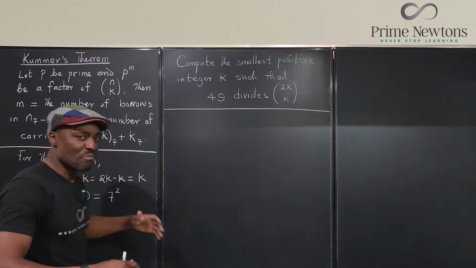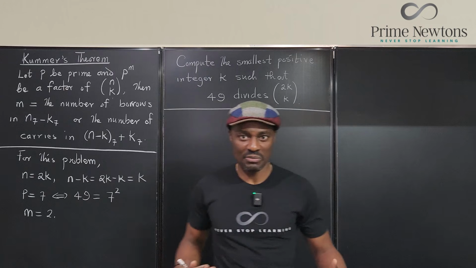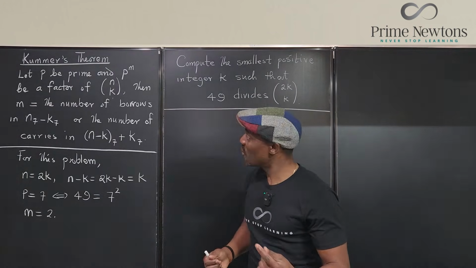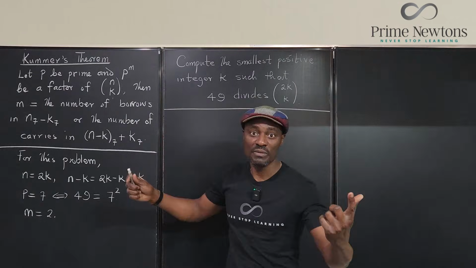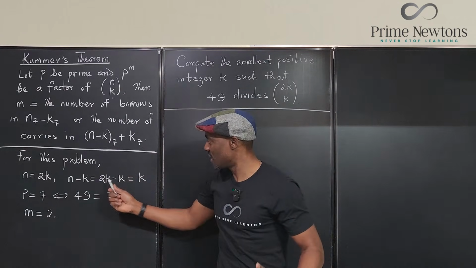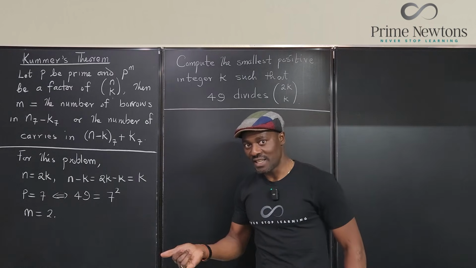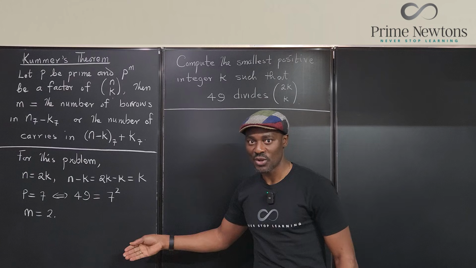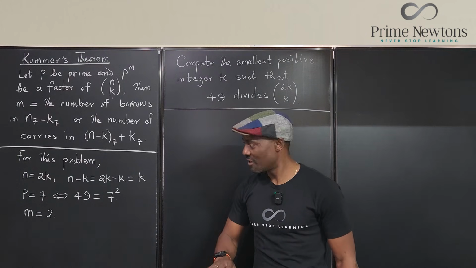So we found most of the ingredients we need for this computation. The only thing is we don't know what k is, and we don't know what 2k is. But once we find k, we'll be able to find 2k. So, like I did in the previous video, I would rather do addition than subtraction.